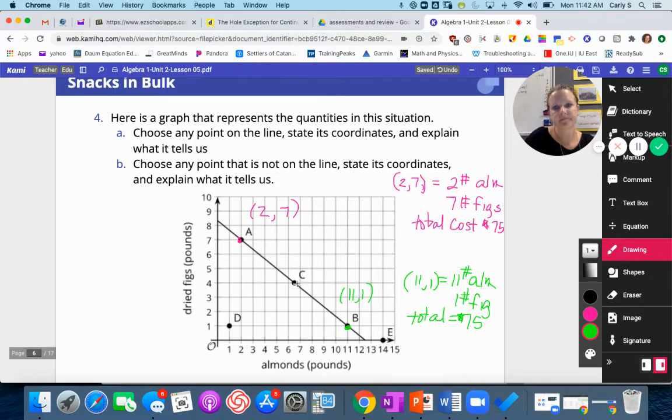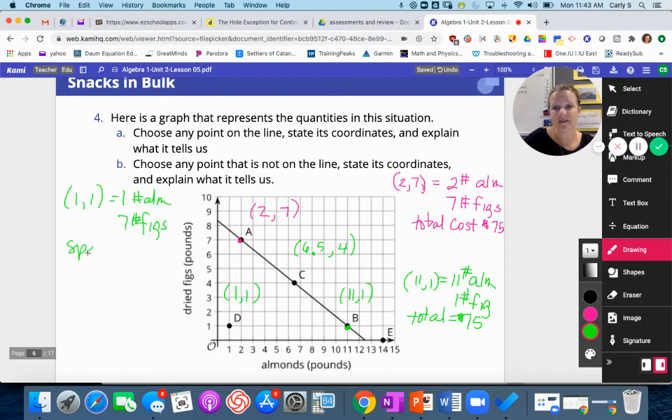This would be 6.5, 4. Here, 1, 1. What does that represent? 1 pound of almonds and 7 pounds of figs.